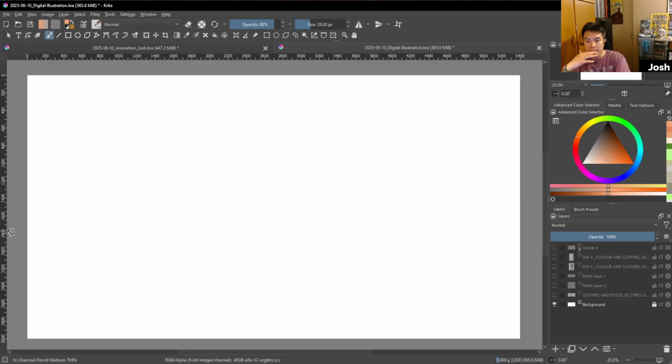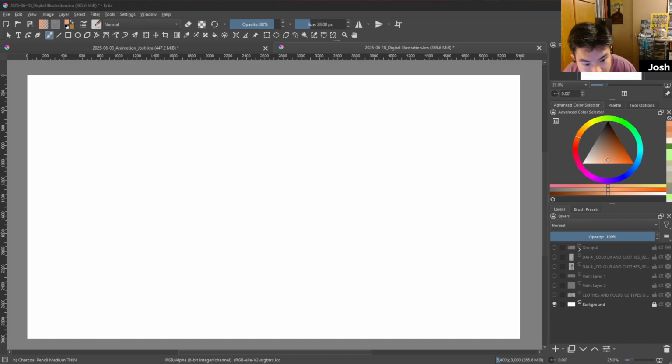So I'm using the PureRef software to gather all of my reference. So we've got the outfit in question. Here's the character, and then I was thinking maybe this kind of seated pose.